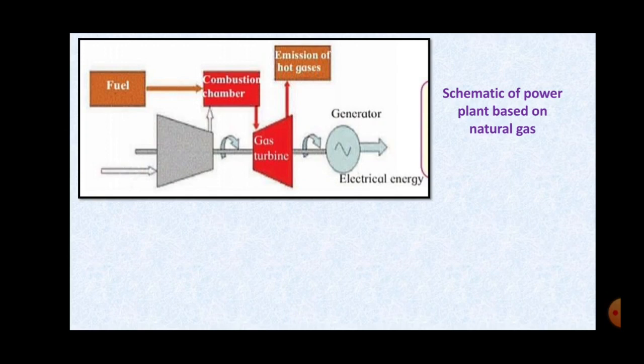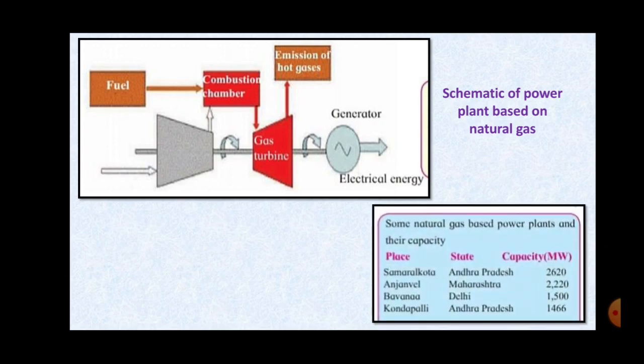Now this gas starts rotating the turbine, right? And here the emission of gases takes place, but as the natural gas does not contain sulfur, the pollution compared to other power plants is very less. And then this turbine in turn starts the generator, which starts producing the electrical energy.